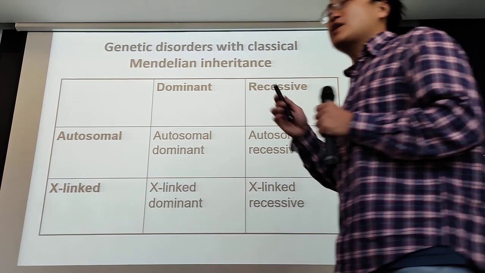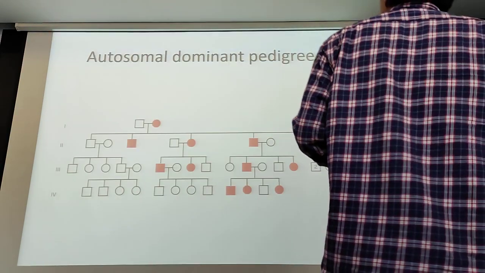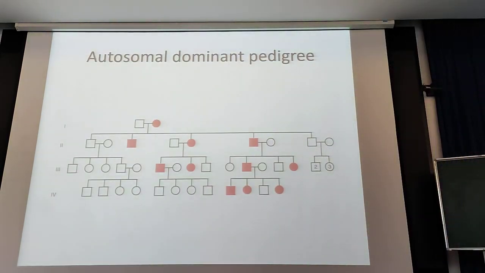Okay? Just remember that for the family pedigree tree of autosomal dominant, we will have the carrier disorder, the affected patient will be present in every generation of the family pedigree.